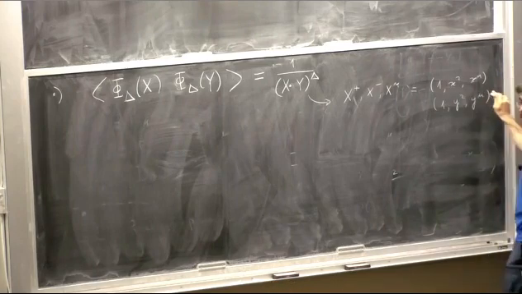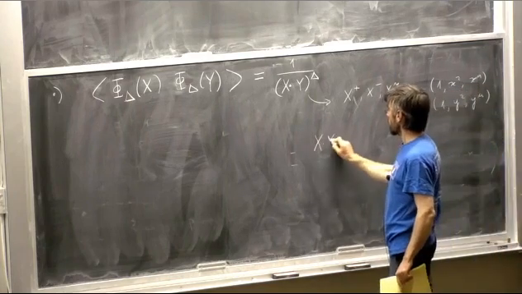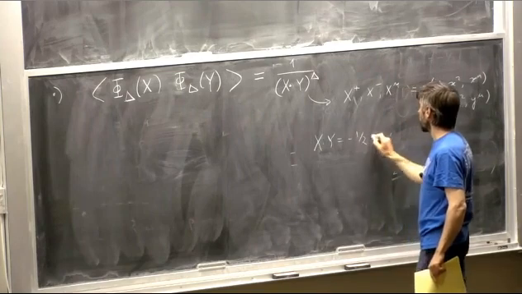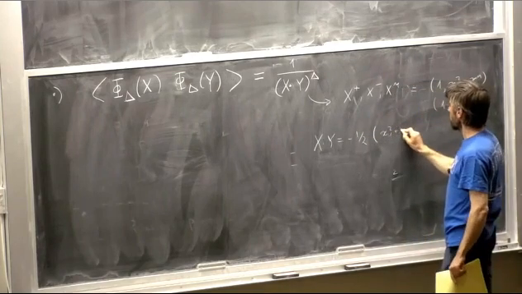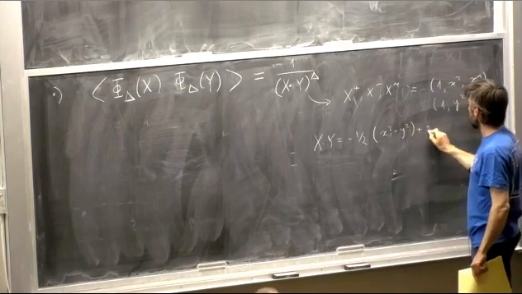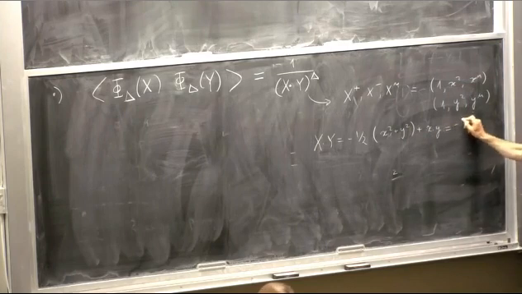Now I have to compute the scalar product of these two vectors, and the scalar product x times y is equal to minus 1/2 (x squared plus y squared minus 2 x times y). And so it's equal to minus 1/2 (x minus y) squared.